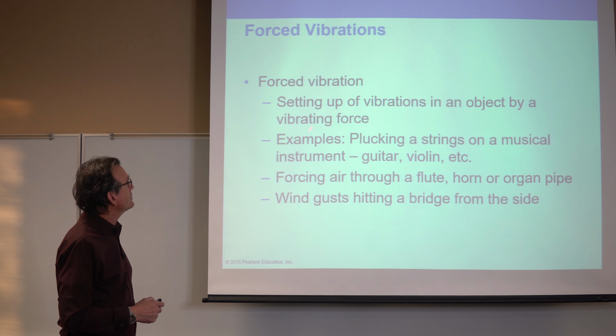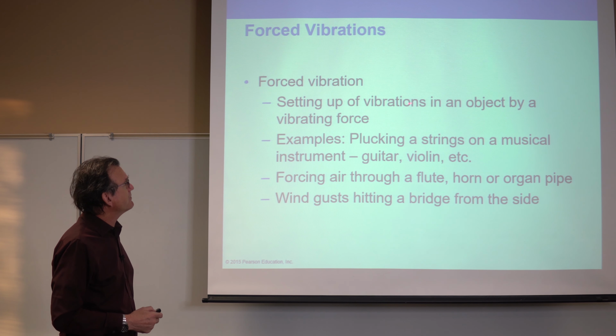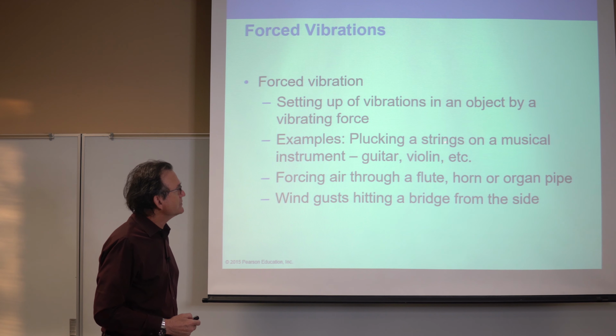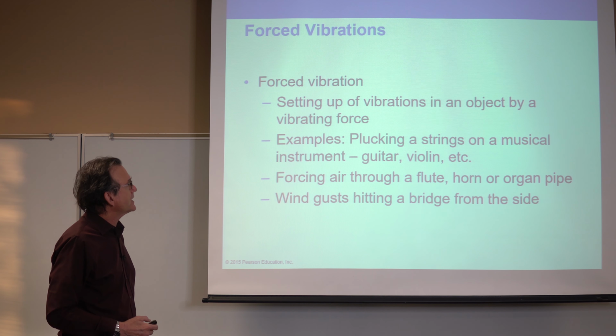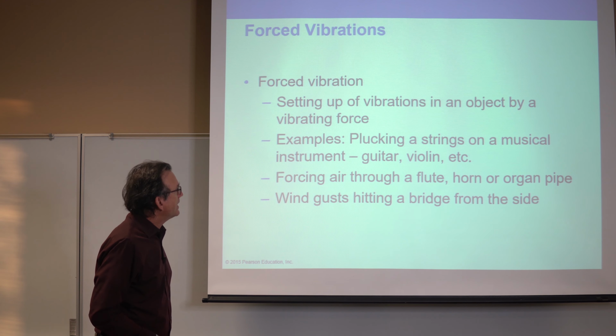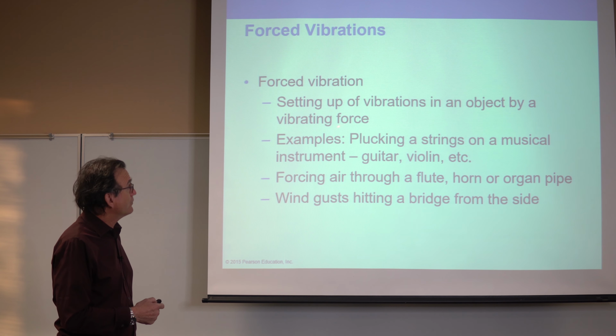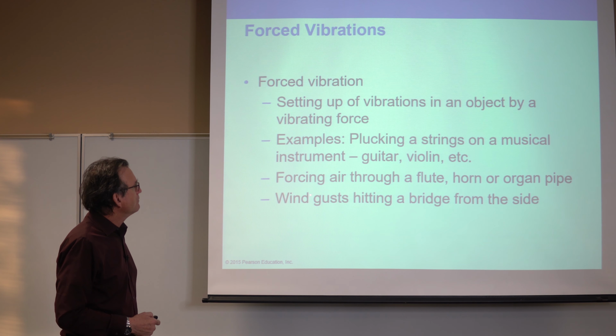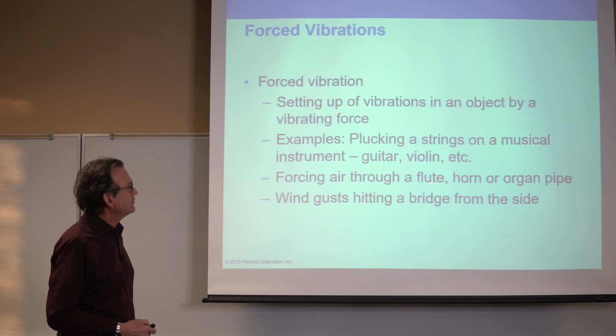Forced vibrations, first of all: we want to set up vibrations in an object by a vibrating force. So plucking a string on an instrument sets up vibrations in an object by a vibrating force, so that's a forced vibration. Forcing air through a flute or horn or organ pipe, the wind instruments, those are all forced vibrations.